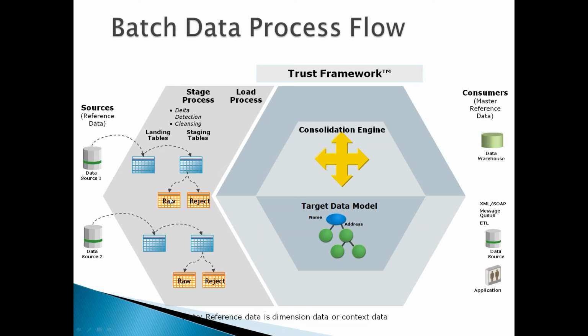Similarly, we have a raw table. A raw table is basically used for auditing purposes. Auditing in the sense that, for example, the first time we loaded some 100 records from my landing table to the staging table. Next time when we load the data, we usually truncate the landing table and load fresh data into it.